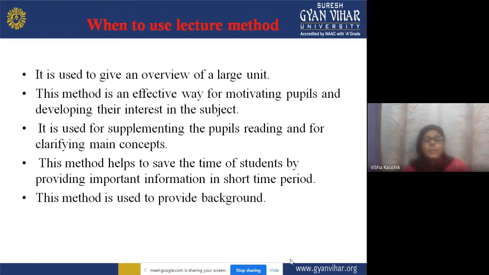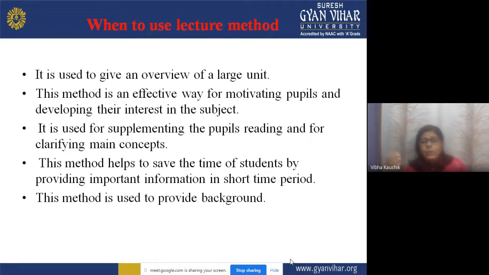This method is an effective way for motivating, for encouraging people and developing their interest in the subject. Means the lecture method motivates the students to learn that topic and develops the interest of the learners in that particular subject. It is used for supplementing the pupil reading and for clarifying main concept.